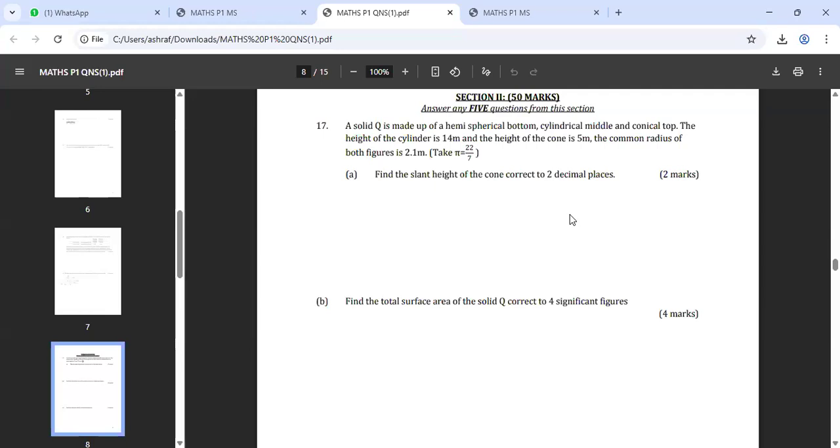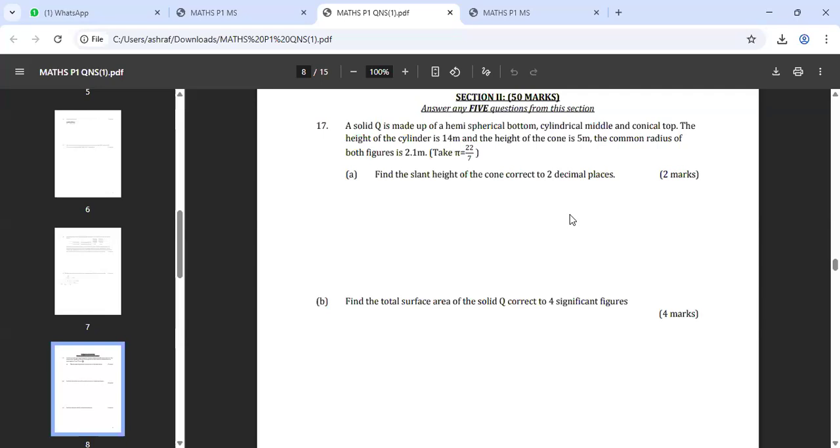The surface area of the hemispherical bottom will be 2 pi r squared, yes, plus the surface area of the cylinder.